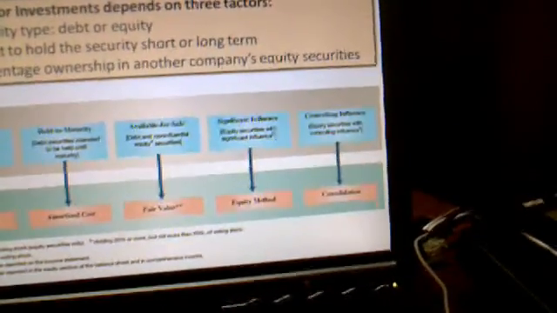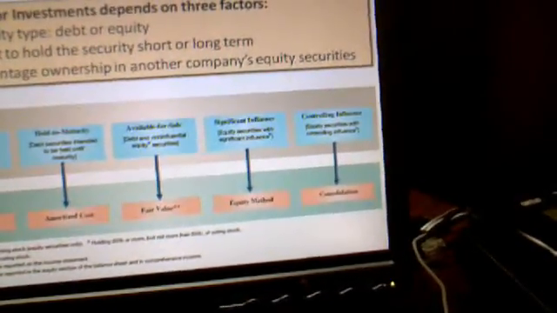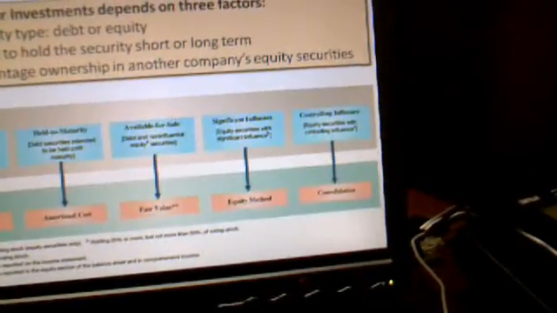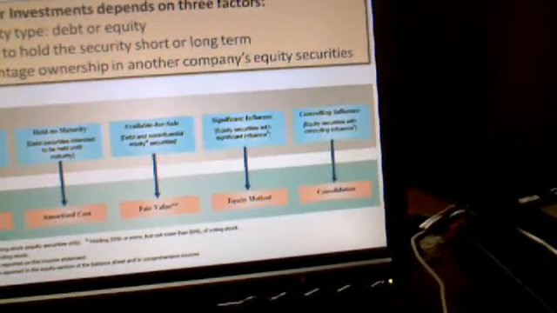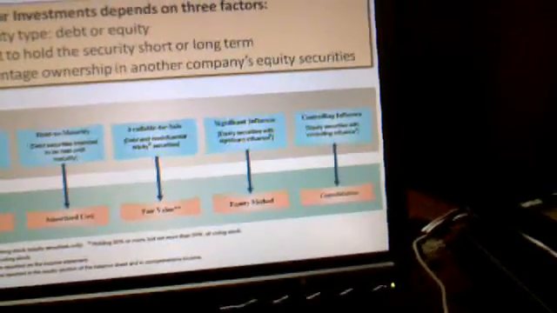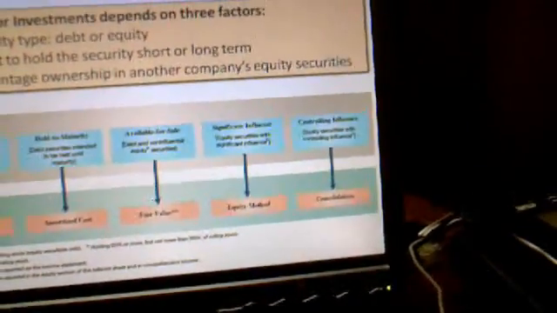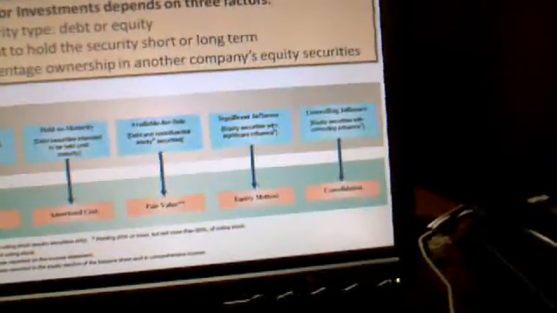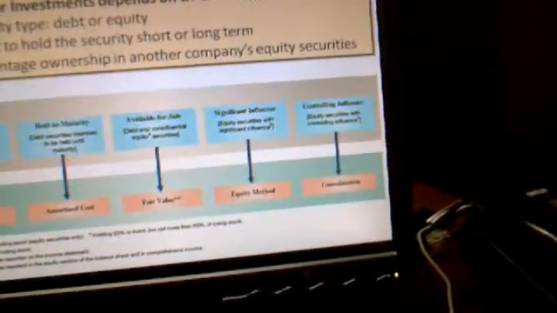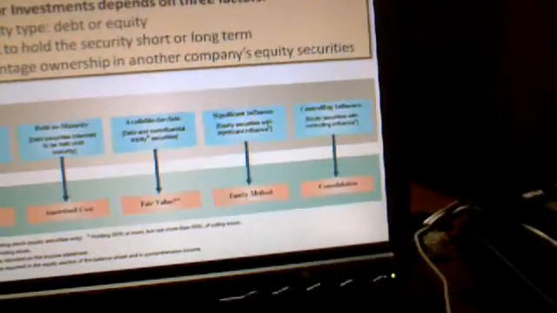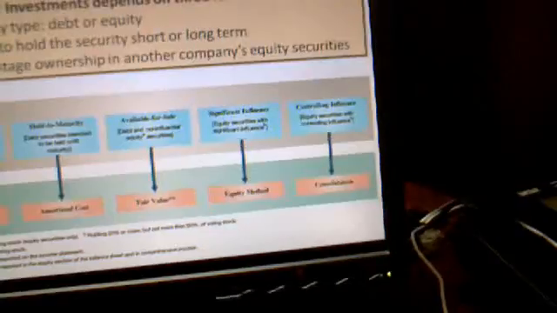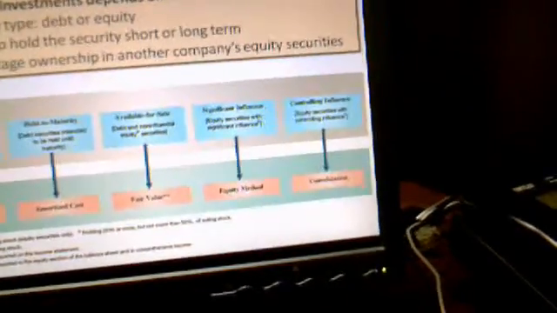If you have held to maturity securities, those are debt securities like bonds. Those will be considered held to maturity and need to be listed at amortized cost. So cost minus the amortized premium or discount. Then you have available for sale securities. They're similar to trading securities. The only difference is you're not actively trading these. Those would also be considered reported at fair value.